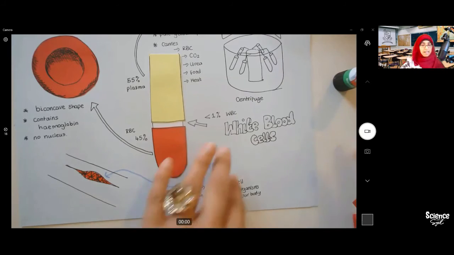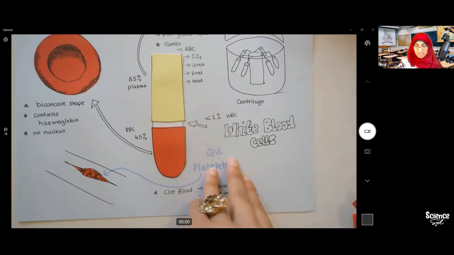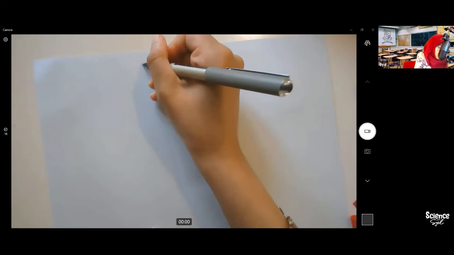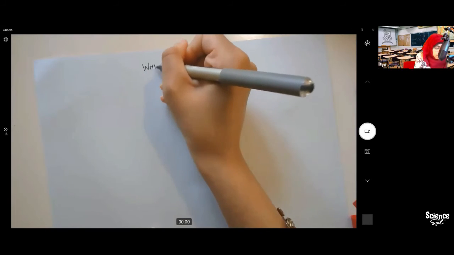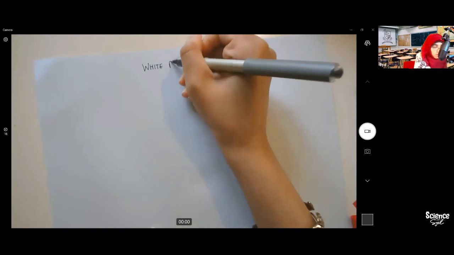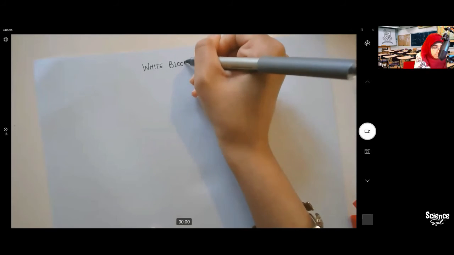Now we're going to go to the back of this page, and we're going to have a look at the two different types of white blood cells that I'm going to focus on today. There are many, many white blood cells, but we're going to focus on two. So I'm going to write over here, white blood cells.